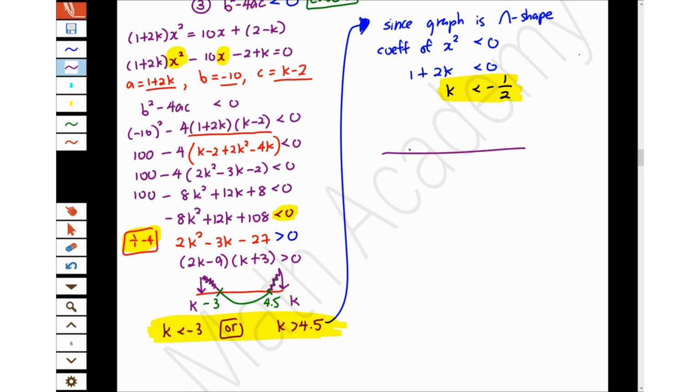So a number line is not necessary. If you can observe, you don't have to draw your number line. For k less than -half, you need the overlapping portion between the blue and the purple. That will correspond to the portion that is smaller than -3. So final conclusion, therefore k less than -3.